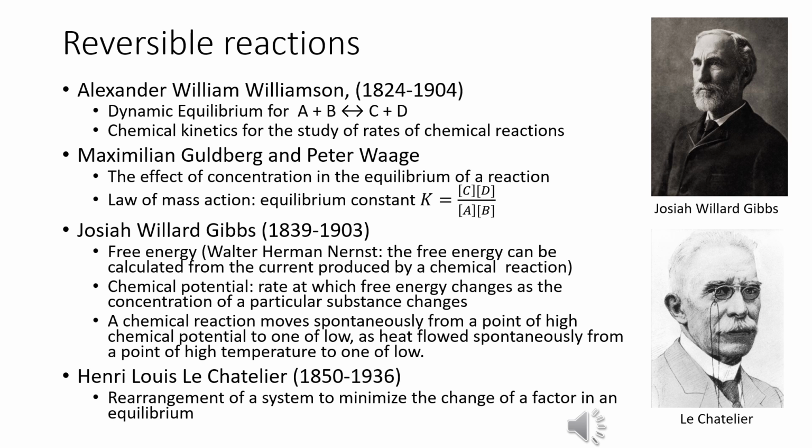This equation was useful to establish a relationship between the rates of chemical reactions. For example, if a reaction is going to the right, so A plus B is producing C plus D, and the rate of this reaction is much larger than the opposite reaction, C plus D producing A plus B, then at the end of the reaction you will have a higher concentration of the product C plus D, and the equilibrium constant will have a larger value.